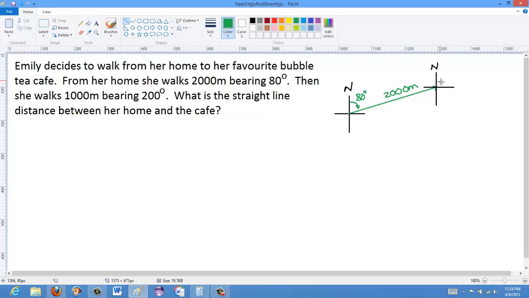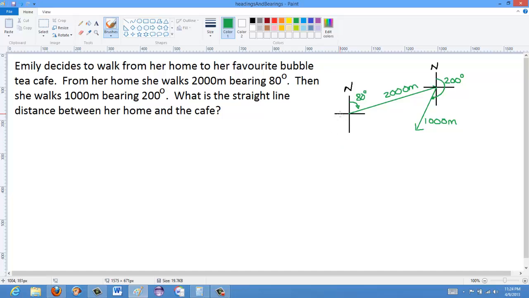If I start at north and go to this x-axis, it's 90, and then to this y-axis it's 180, so 200 degrees is basically something like this, and it's about half the length of this line. This is 1,000 meters, and this is 200 degrees.